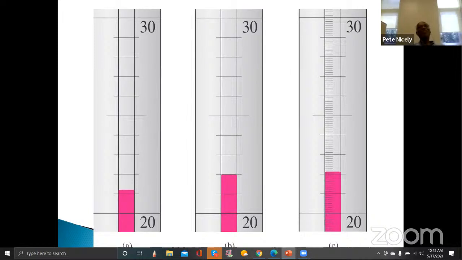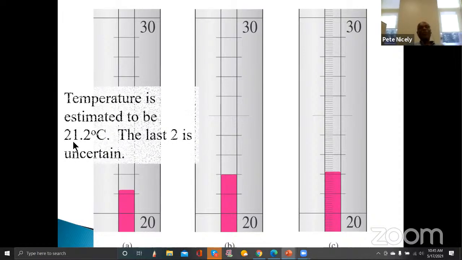As far as I'm concerned, both persons are correct, because whereas they have established the certainty of the first 2 digits in the measured value, the third digit at best can only be estimated. So the measured value here would be 21.2, because we are certain about the 2 and the 1, but not about the 2 after the decimal point.